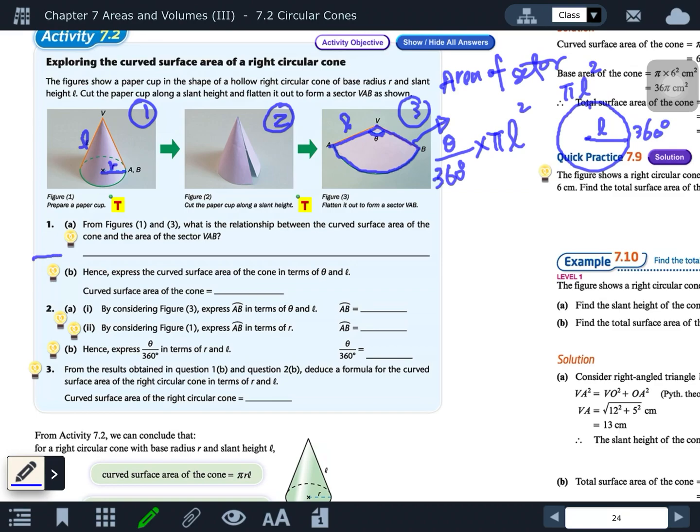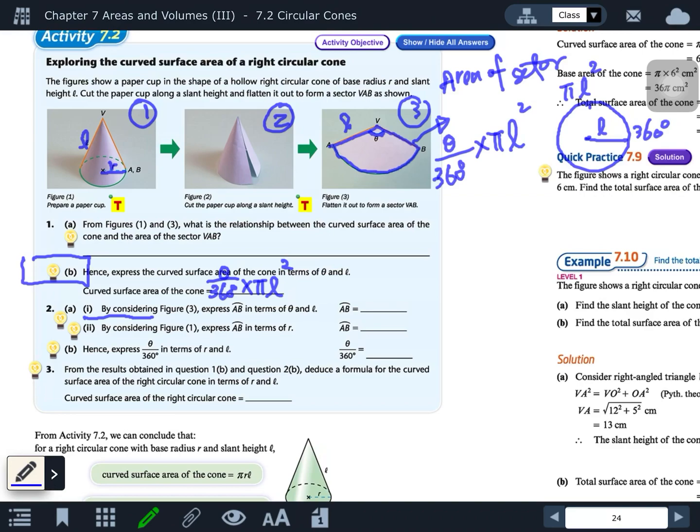So actually we can focus on the question of 1b. The curved surface area we now write down is theta over 360 degrees times pi L squared. Calculating this, we have to simplify.